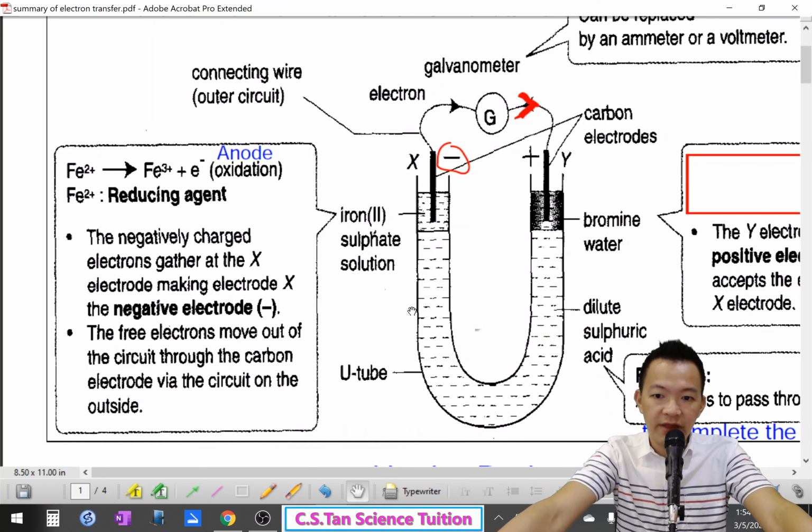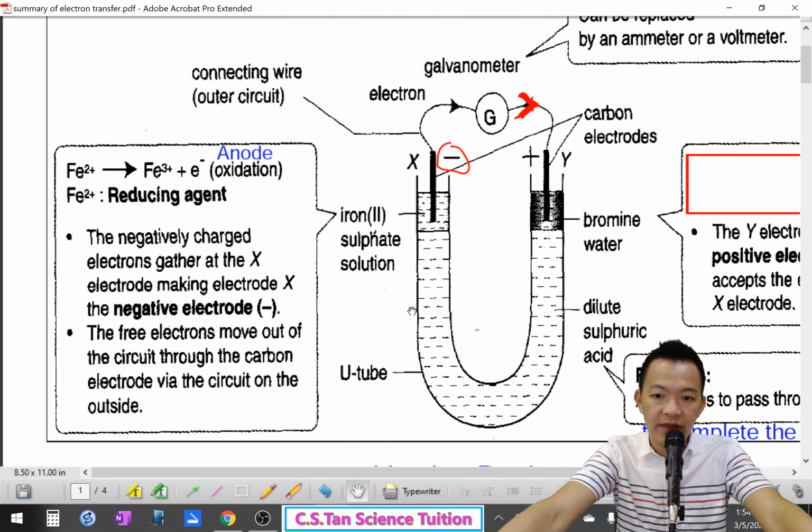This is what happened just now. Iron 2 becomes iron 3, bromine becomes bromide, and now we fill in the blank. Until now, when I talk about fill in the blank, you should be able to fill in the blank very fast and easily because our redox is almost finished.